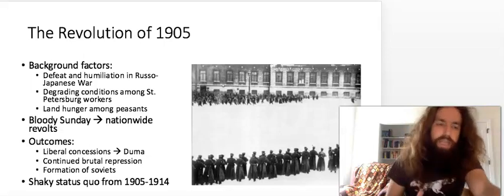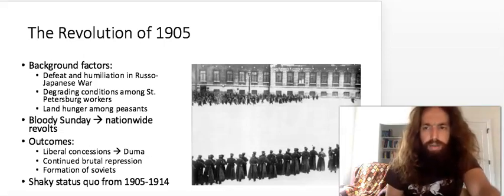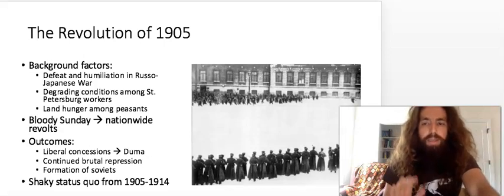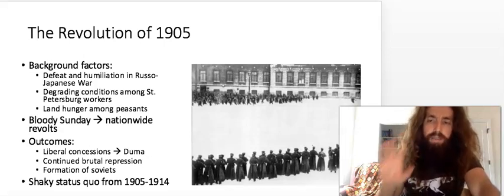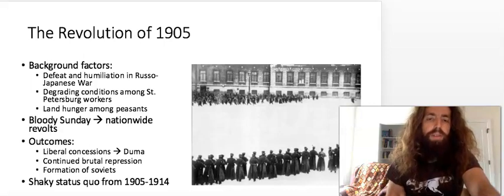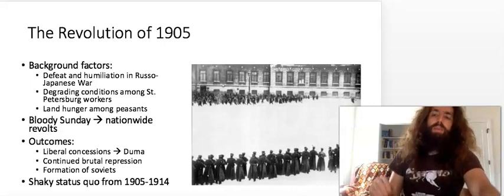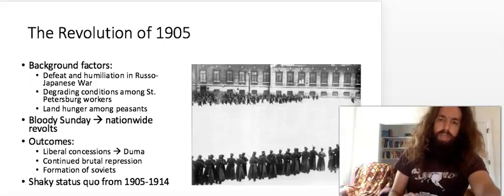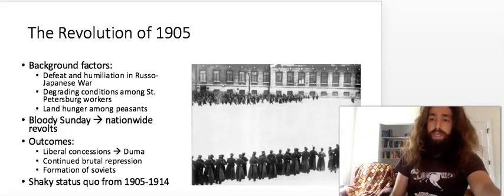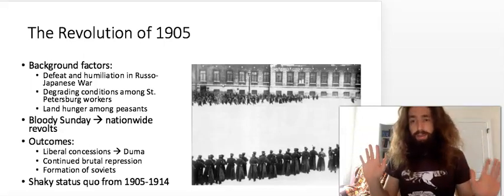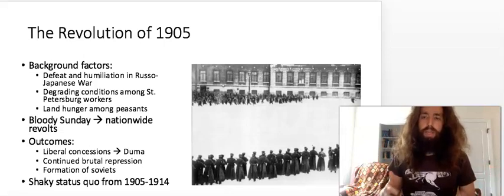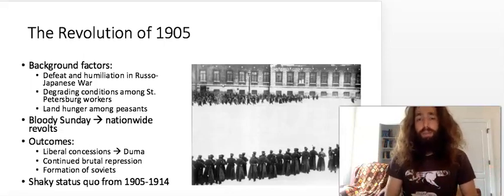And in order to get things under control, the Russian government decides to make some concessions. They decide to give some of the revolutionary people what they want in order to restore order. The most important thing that they do is they grant a parliament to the liberals. They say, all right, we recognize that we messed up and we're not making good choices, so let's go ahead and introduce a parliament.